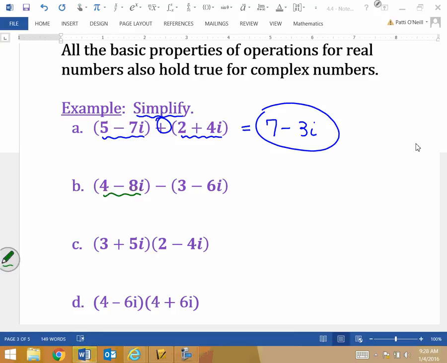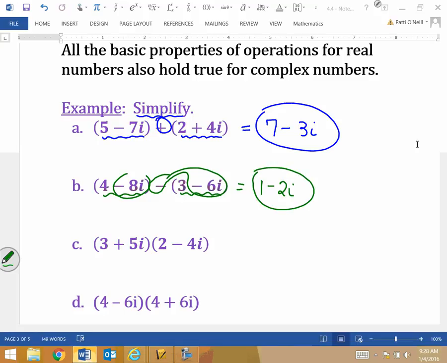4 minus 8i is the first complex number, and we want to subtract 3 minus 6i from that. Now, same as with the real number system, when we subtract, we have to make sure that we change signs. So this really turns into 4 minus 3, which is 1, and then negative 8i plus 6i, because we have the minus the negative, which will be minus 2i.